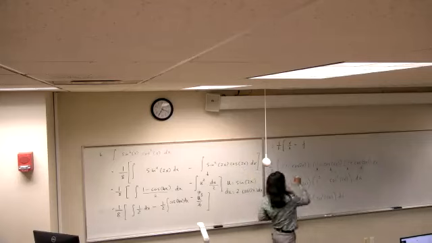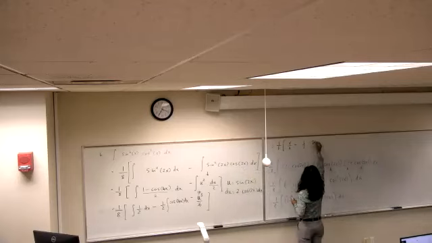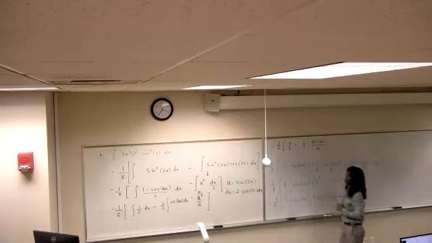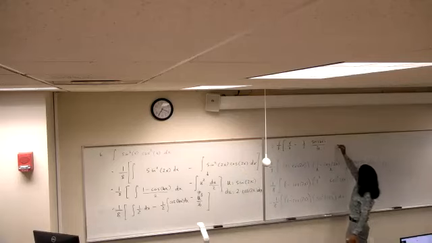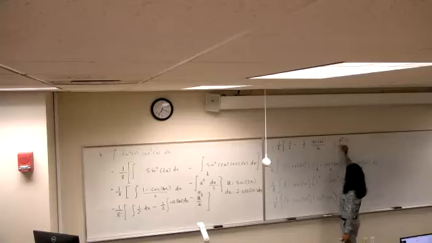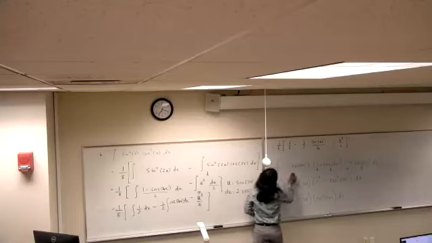Sine 4x over 4. And the last term is minus u cubed over 6. We can replace that u at the very last step.